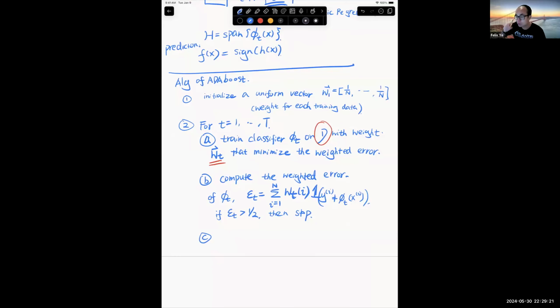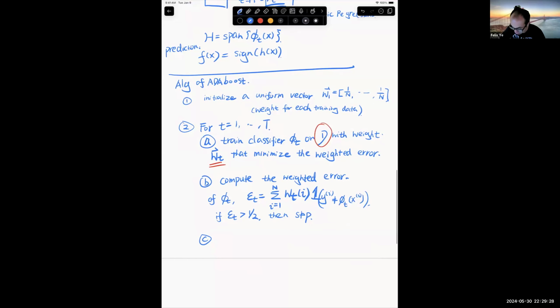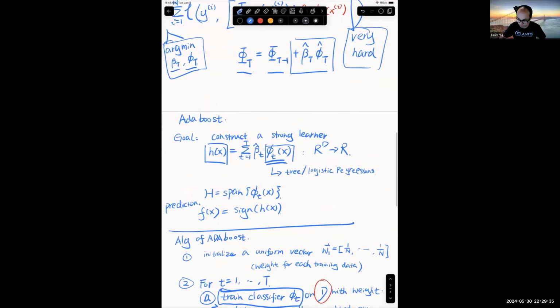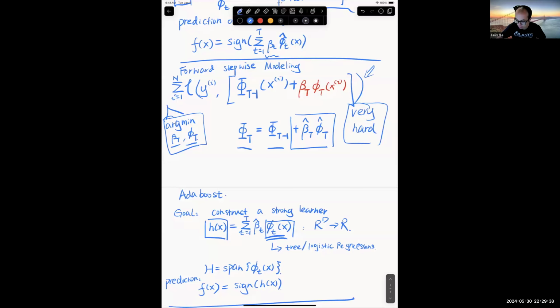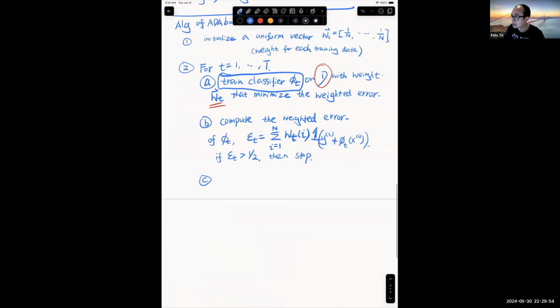Next, I'm going to change my weight as well. We can see right here, we train our classifier phi t not by directly solving a complicated optimization problem. Instead, we change the weights of my training data, then we fit the best phi t possible. This is quite different.